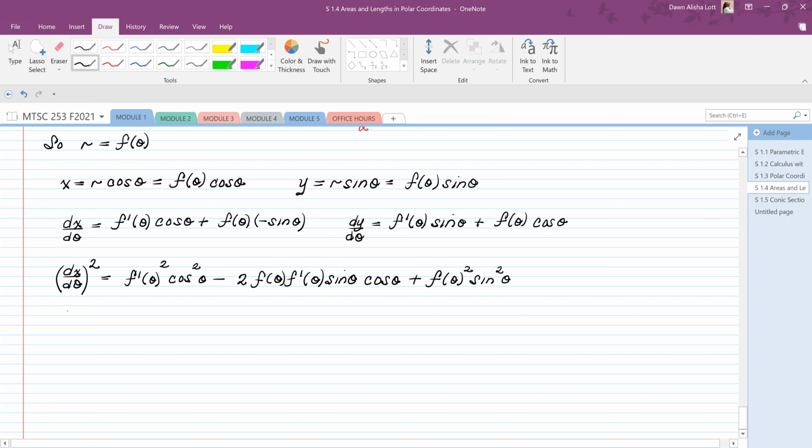And dy d theta squared turns out to be f prime of theta squared times sine squared theta plus 2 f of theta, f prime of theta, sine of theta, cosine of theta, plus f of theta squared cosine squared theta.